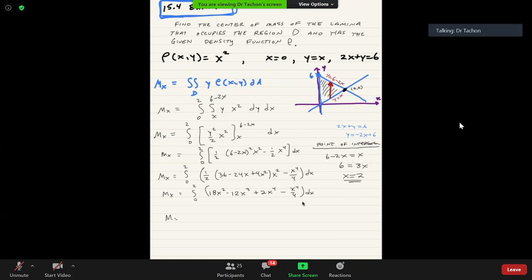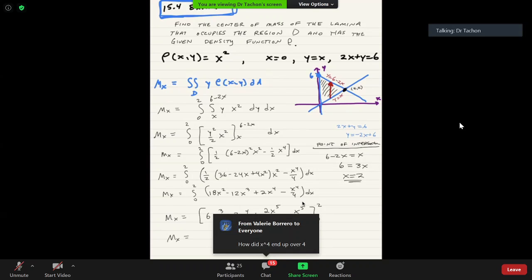So the moment with respect to x is going to be 18x cubed over 3. What's 18 over 3? So 6x cubed. 12x to the 4th over 4, 12 over 4 is 3, so 3x to the 4th. Then 2x to the 5th over 5, minus x to the 5th over 5 times 4, which is 20, from 0 to 2.